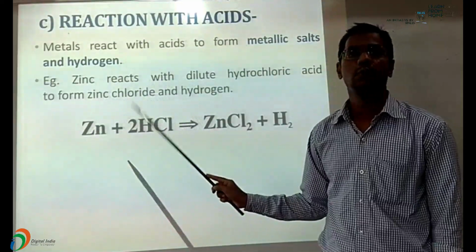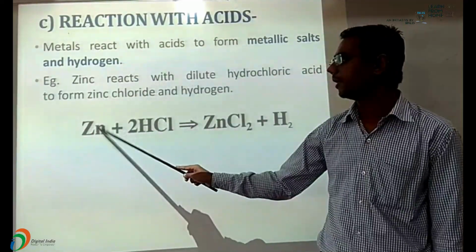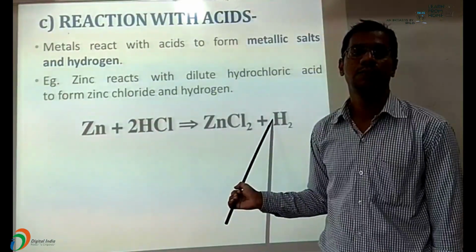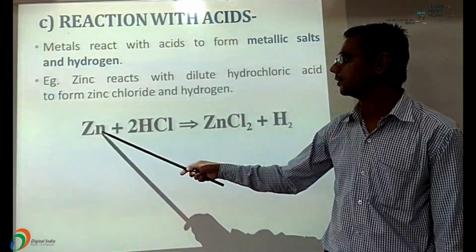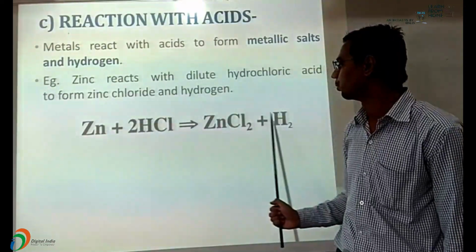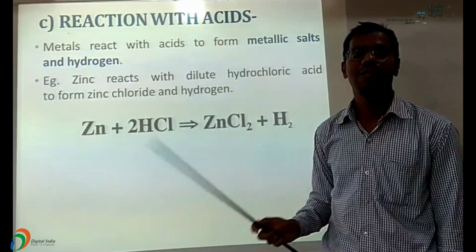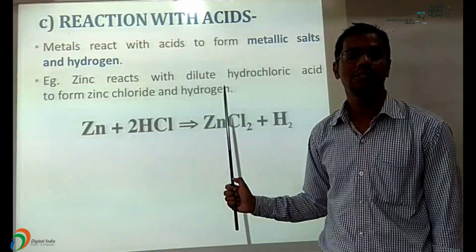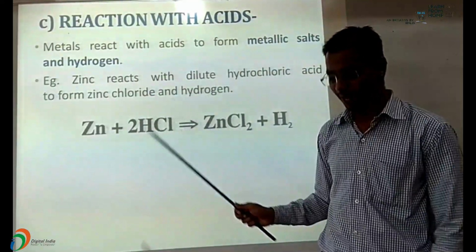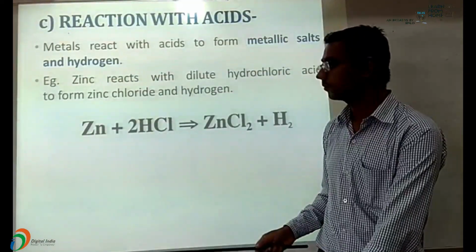This is a unique reaction. When a metal reacts with acid it forms a metallic salt plus which gas is evolved? Hydrogen gas is evolved. ZnCl2 plus H2. If you try to balance the total number of atoms on LHS and RHS, you can see they are equal. So this is a balanced chemical equation.